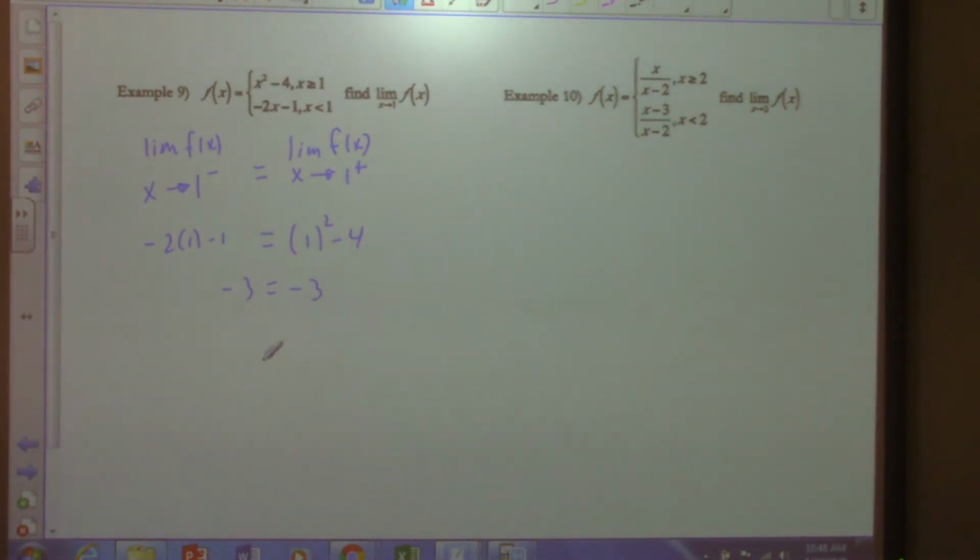So does the left-hand limit equal the right-hand limit? Yes. So the limit exists, and it's negative 3. So we conclude the limit as x approaches 1 of f of x equals negative 3.